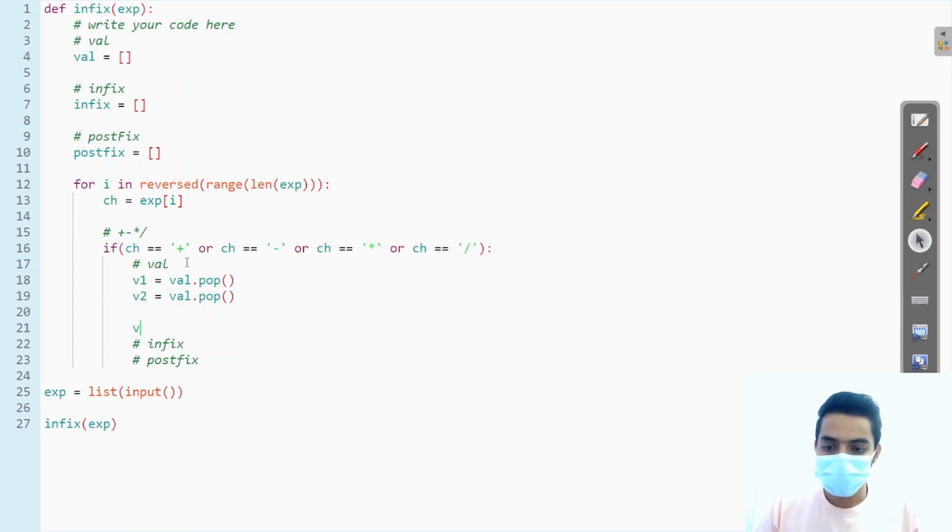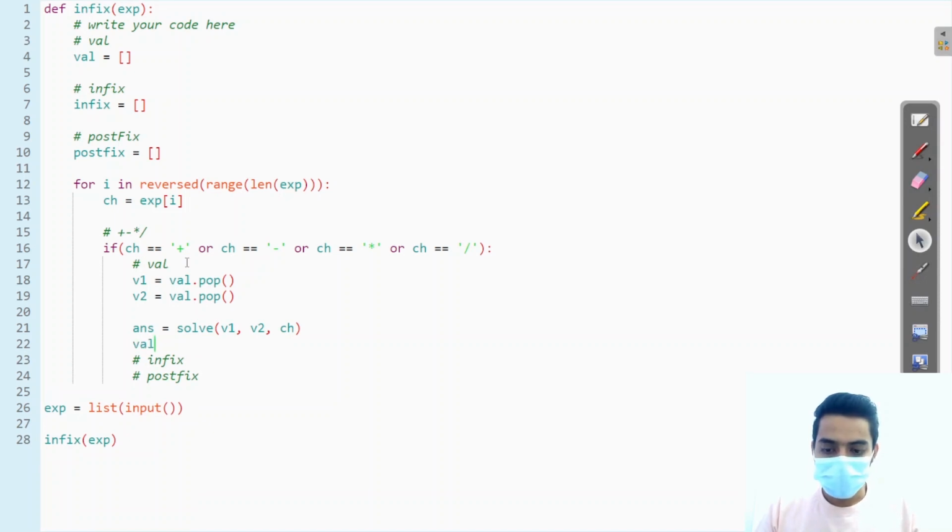After finding this, we need to find the final value. That is, the answer is, we need to make this function with value 1, value 2, and the character. After that, push this value into the integer stack and make it into integer.